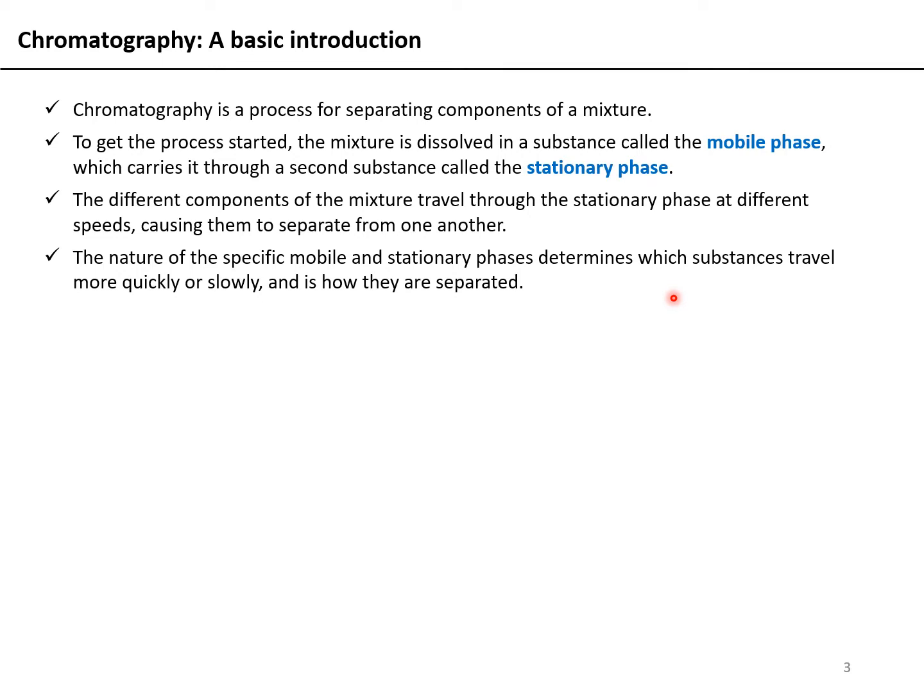The nature of the specific mobile and stationary phases determines which substances travel more quickly or slowly and how they are separated. As we talk more about the different chromatographic techniques, it will become clearer how the chromatographic columns can separate out different proteins.